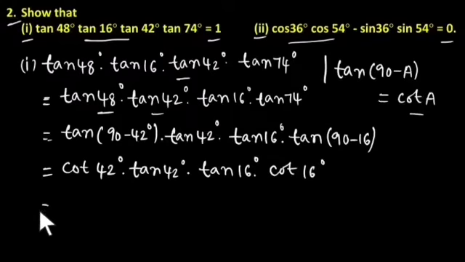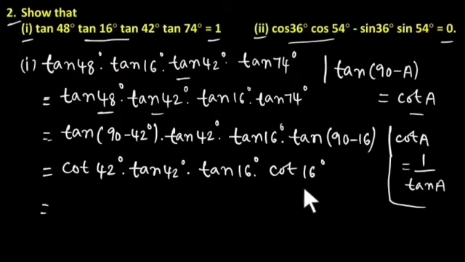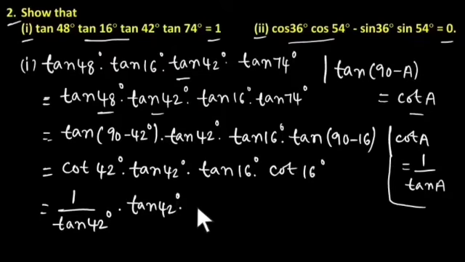That equals to, now we have cot 42 here. So if you remember the reciprocal formula, cot A can be written as 1 by tan A. So in place of cot 42, we are going to write 1 by tan 42 degrees into tan 42 degrees into tan 16 into cot 16.